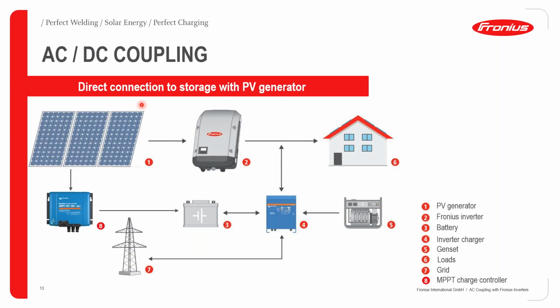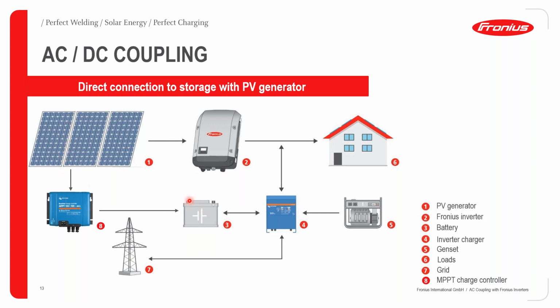We also have another scenario where we talk about DC and AC coupling within the same configuration. This offers quite a number of advantages, as we are going to see later. Here, a portion of power from the PV system goes through an MPPT charger, recharging your batteries on the DC bar.